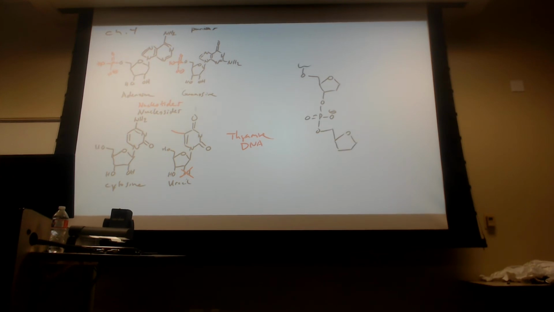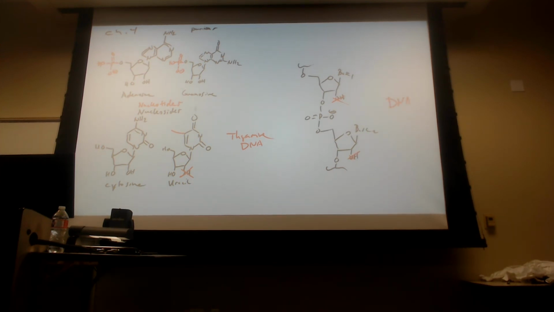And I'm just going to draw it like that to say, okay, we have base 1, base 2. Okay. I'm just going to draw that. If it's RNA, all right, we have that there. If it's DNA, right, we remove that. DNA.